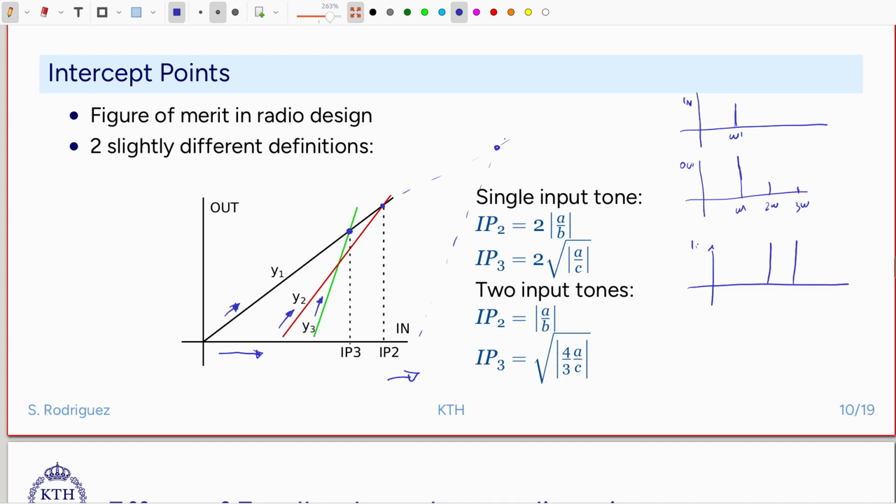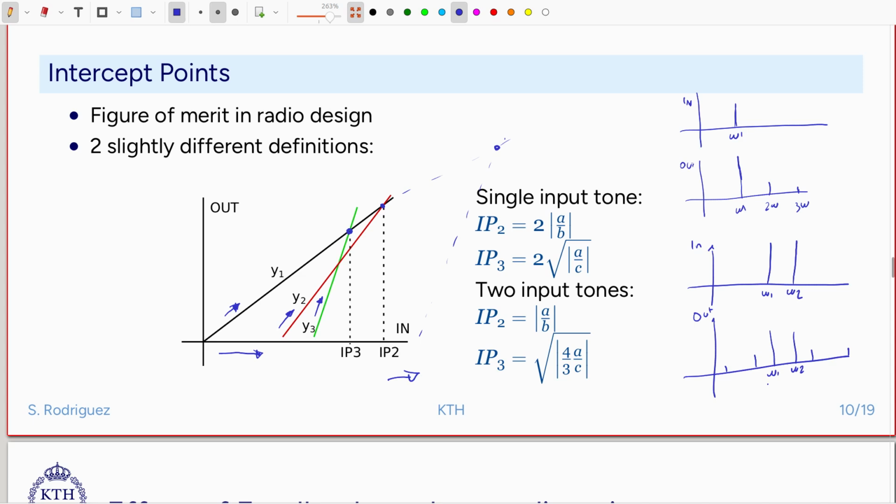If this is the input, then we will have the output here, with tones at the same frequencies, and then we will have third order intermodulation, and also second order intermodulation happening.